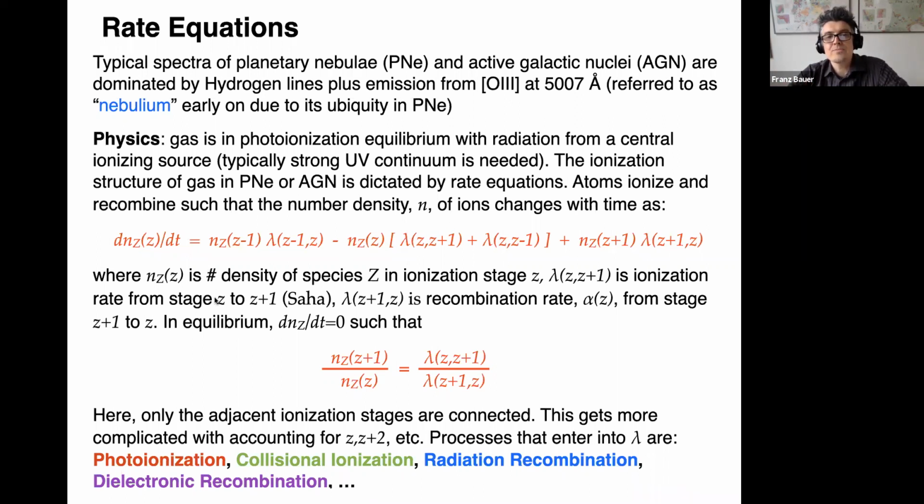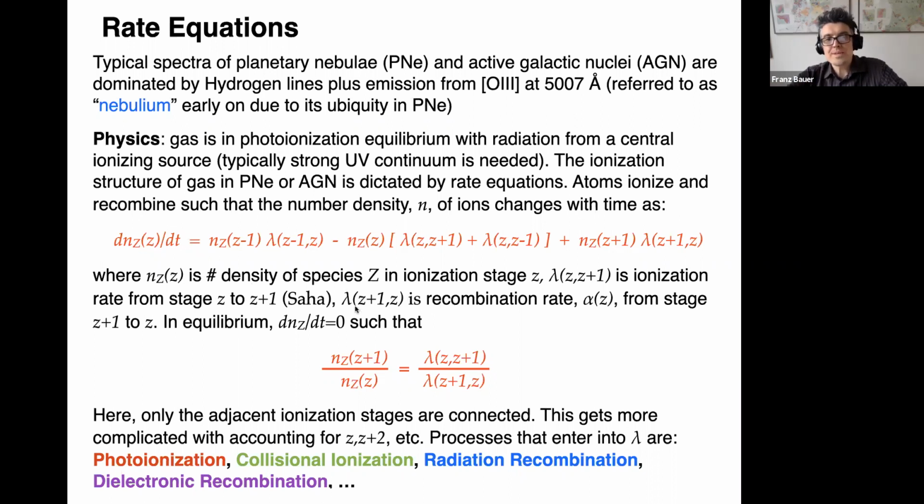When we're talking about going from stage Z to, or basically it's the transition rate. So in this case, it's going from stage Z to Z+1, so higher ionization states. There we would use the Saha equation. But then you could also have the transition rate going from the higher state to the lower state. That's just the recombination rate, right?